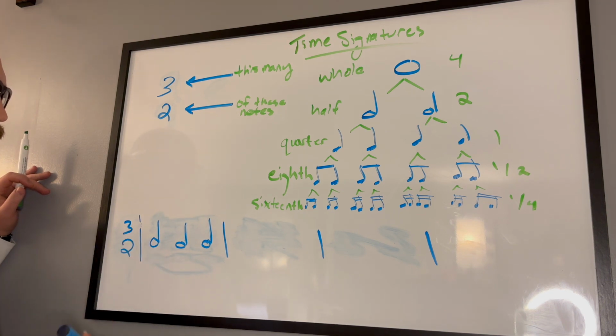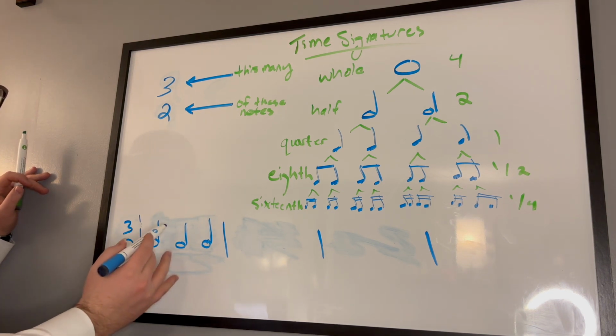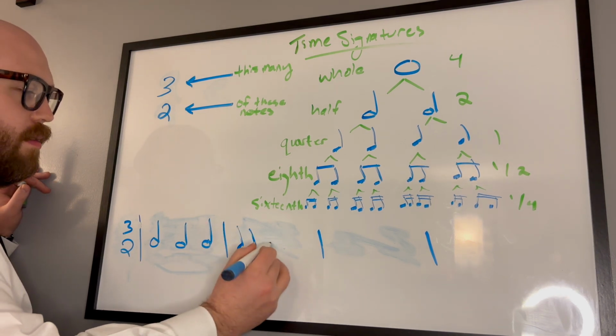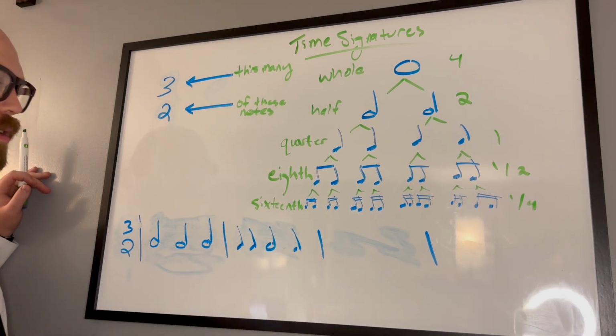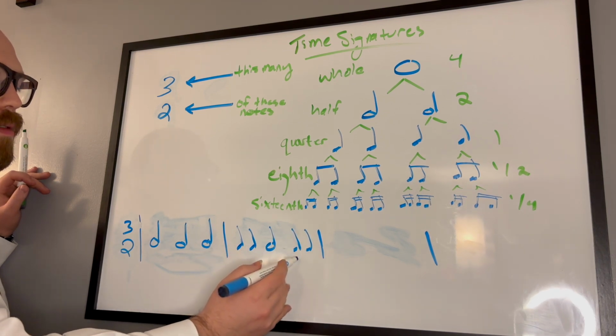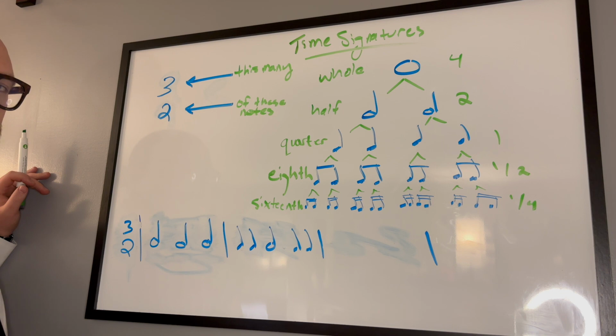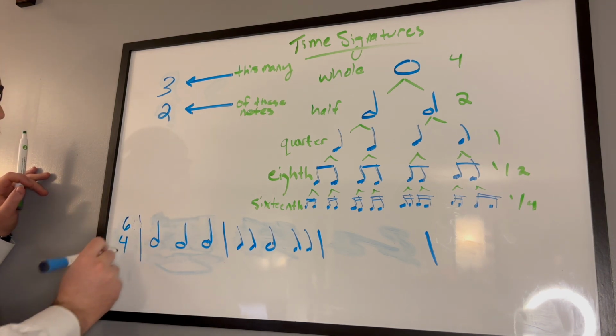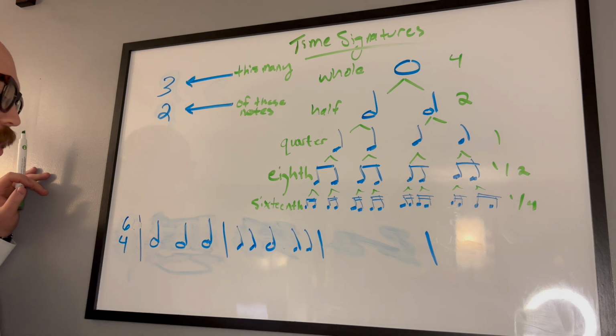Okay? 3/2 sounds like this. 1, 2, 3. Which means this would sound like 1 and 2, 3 and. Instead of, if this was 6/4, that would mean quarter note gets the beat.